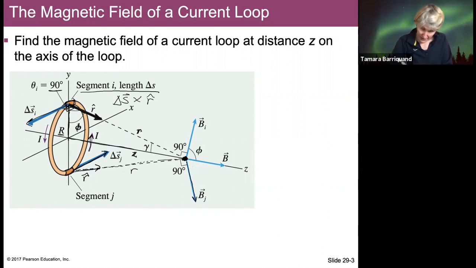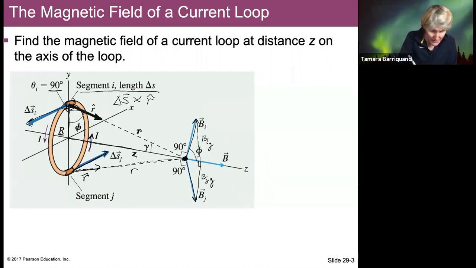Now, if I split these into their components, I see that for both B sub I and B sub J, the Y components, B sub I sub Y pointing straight up and B sub J sub Y, are equal and opposite, so they will cancel each other.